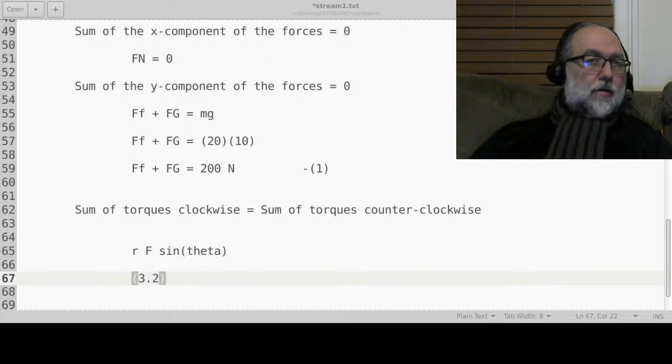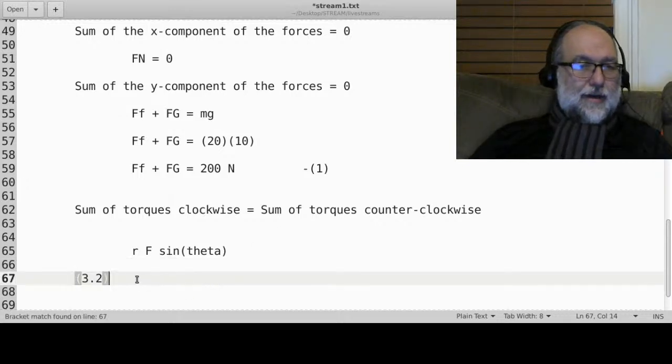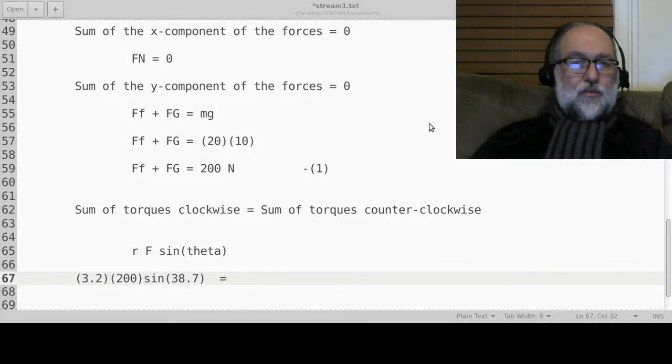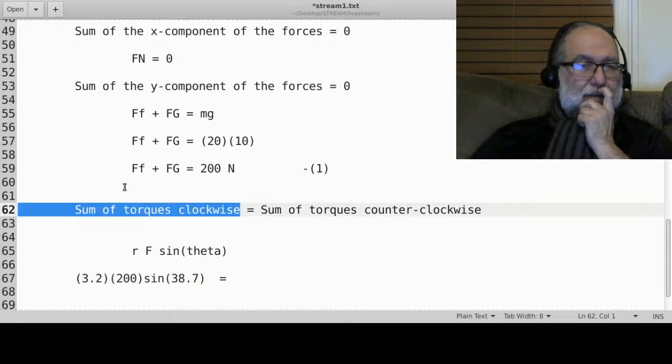So 3.2, and F was 200, and sine was 38.7. So we've actually got the one torque on the sum of the clockwise torques.